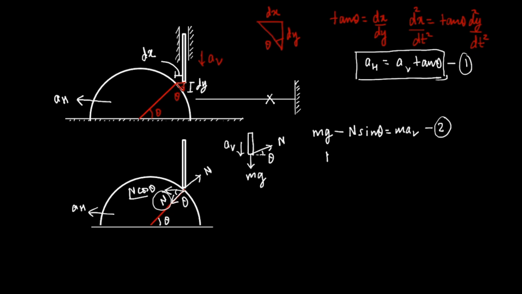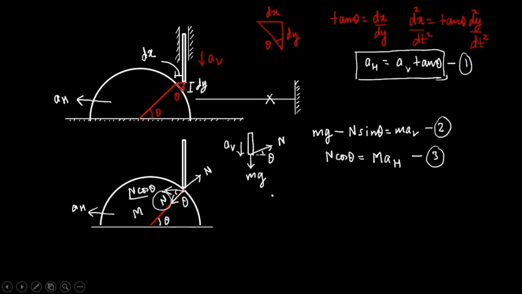So we can write N cos theta is capital M, which is the mass of the hemisphere, AH. So you see, you have 3 equations and 3 unknowns, AH, AV and N, and these three are required in the question. So you can very easily solve these 3 equations, and on solving you will get what?